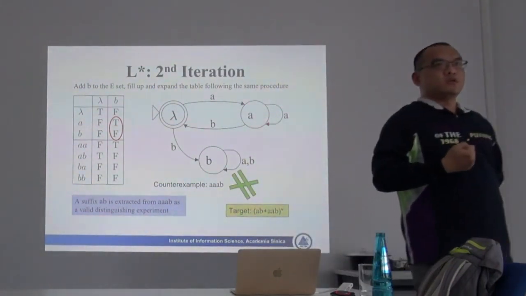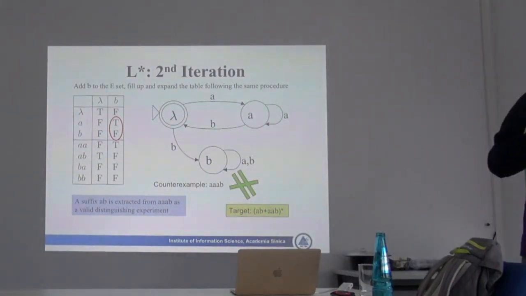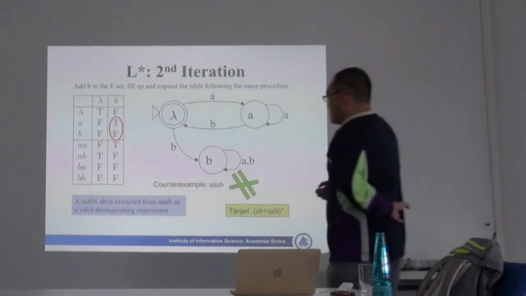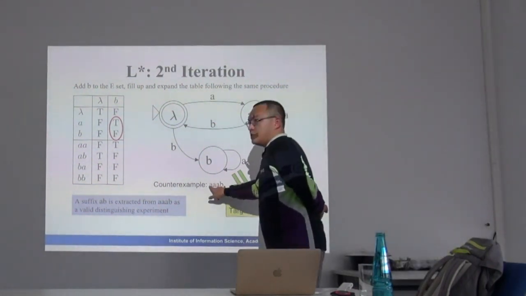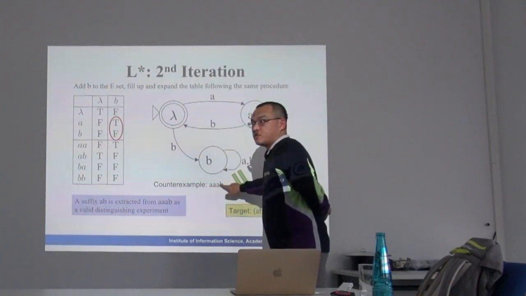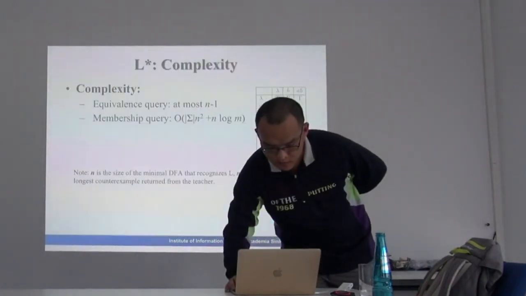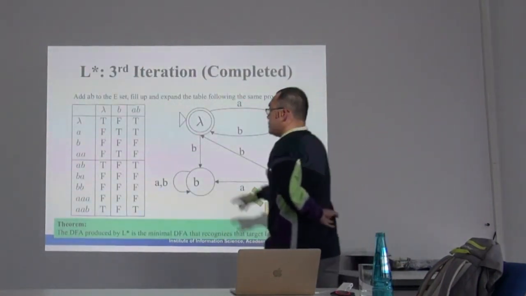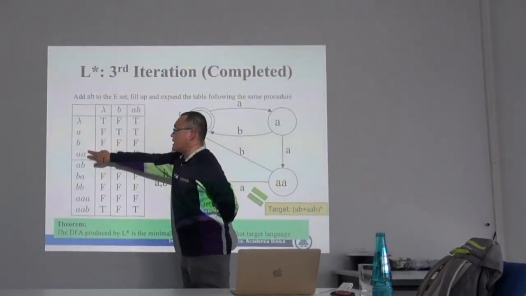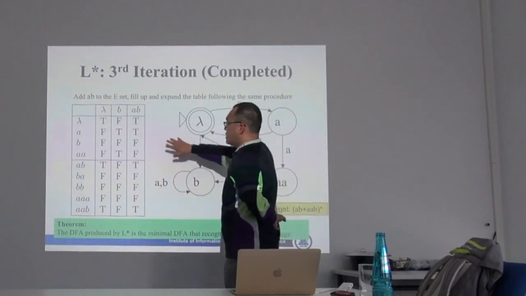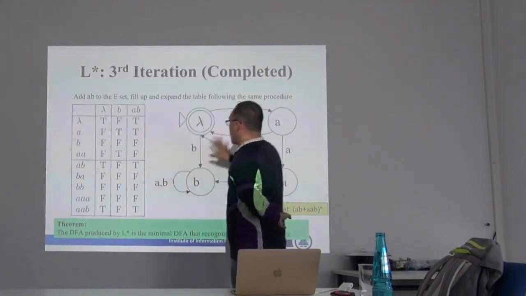Also, the complexity will be worse, but this is what you can do at least. You add all suffixes of these words to the experiment. So if you add AB, then you find a new state AA, and then you fill out all the tables, and this time you get the correct automata.